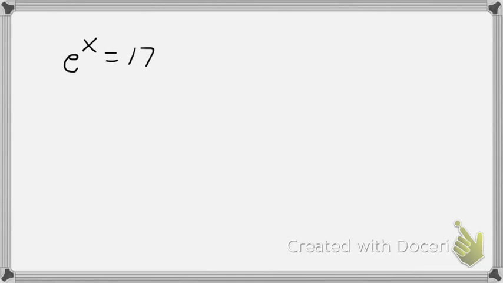The variable is in the exponent. Yesterday, we took the log of both sides and then brought the x down front because we could use the power property. Since this has an e in it, we're going to want to take the natural log of both sides.